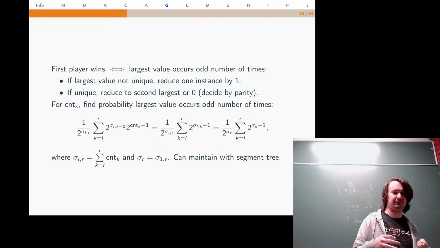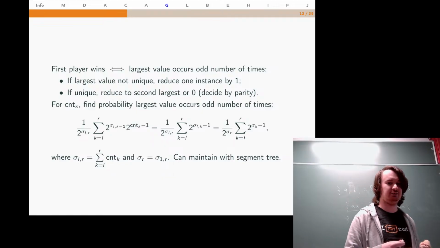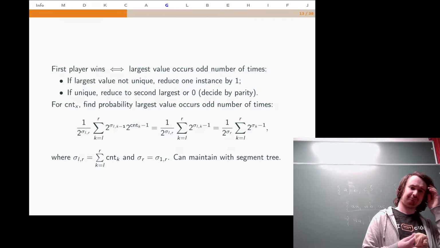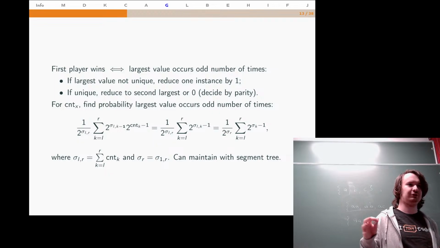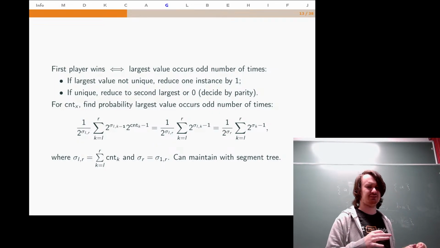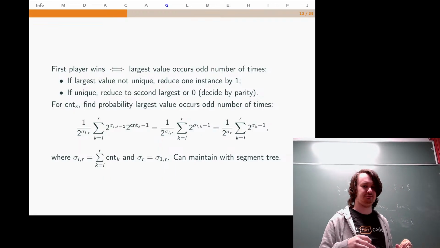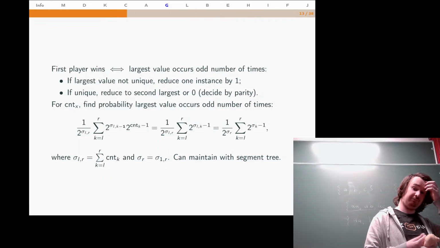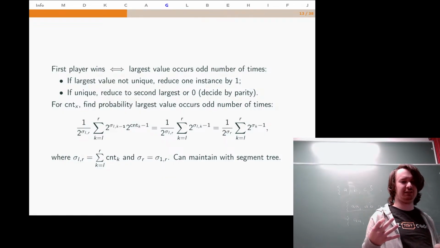On the other hand, if the largest value is actually unique, then we can reduce it to either the second largest value to make sure that it occurs an odd number of times, or to make sure that it's even, or we can reduce the largest pile to 0 if the second largest pile already occurs an even number of times.